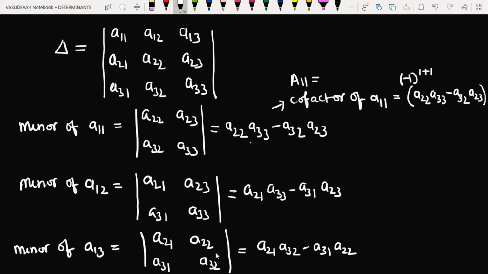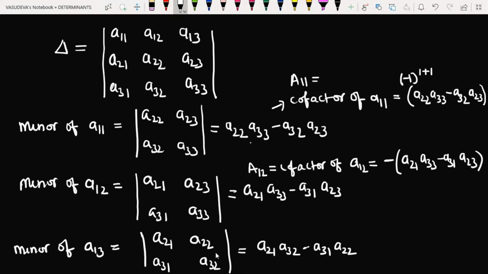And the cofactor of the element A12: 1 plus 2 is an odd number, so it is minus, therefore A21 into A33 minus A31 into A23.